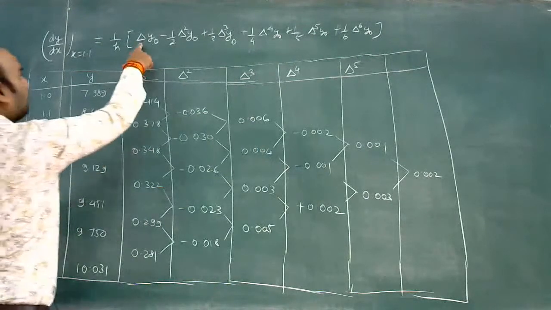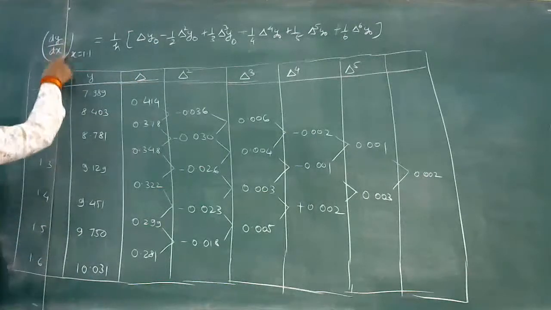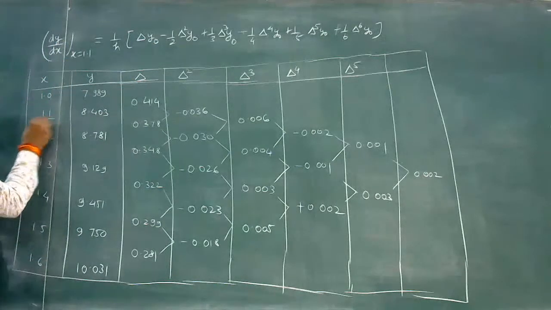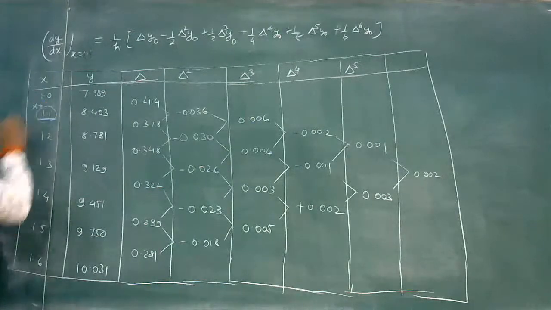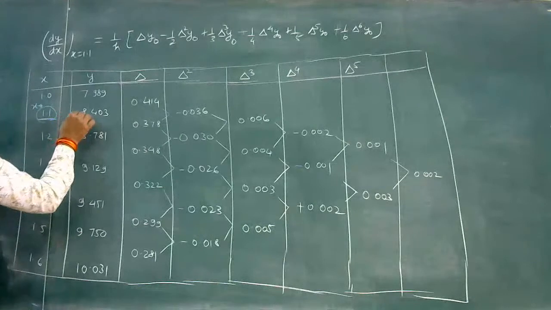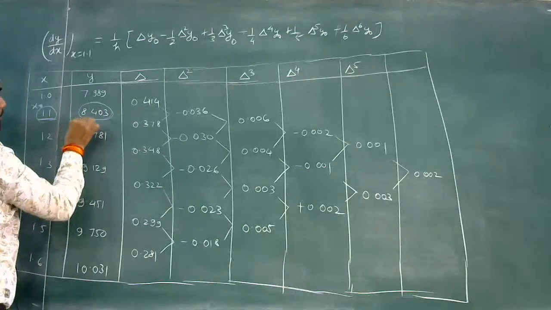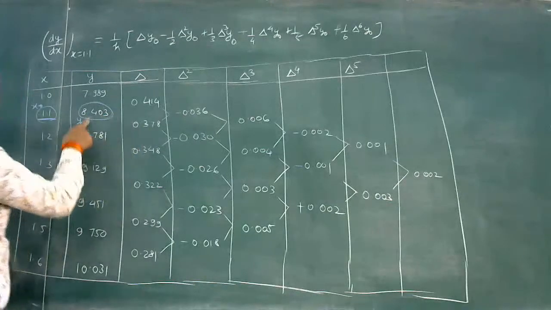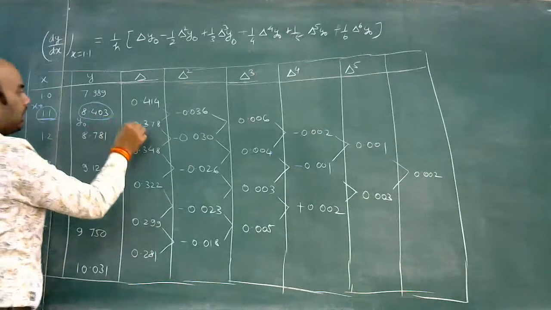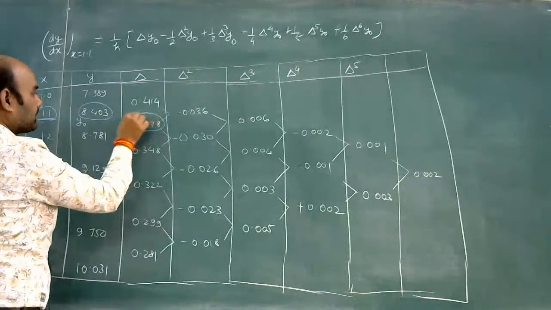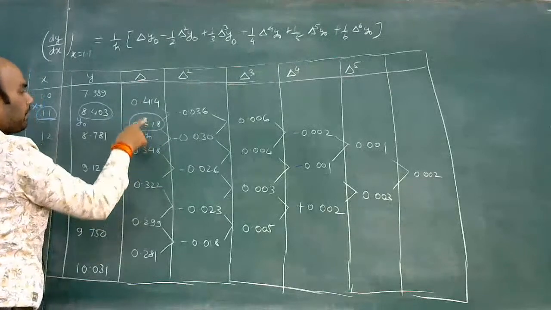So you have to find del y naught. Where you have to find the value of du by dx at x equal to 1.1, this value will be x naught, and corresponding to this will be our y naught. The corresponding value of y naught will be this. So this is del y naught.